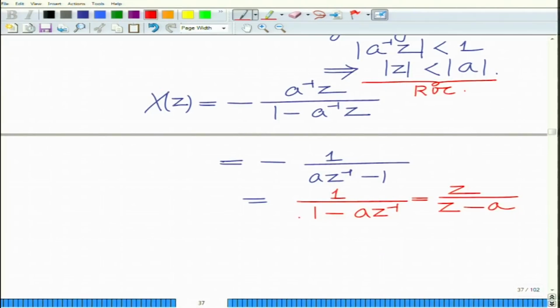So, we have the same z transform X(z) equals 1 over 1 minus a z inverse, but with different ROCs.